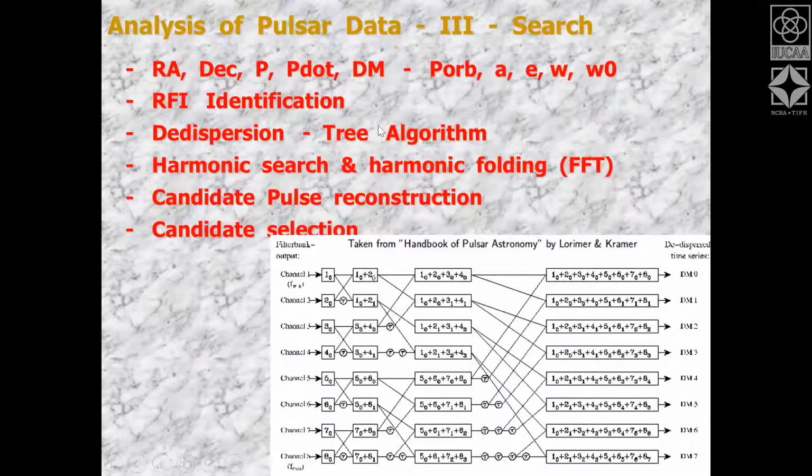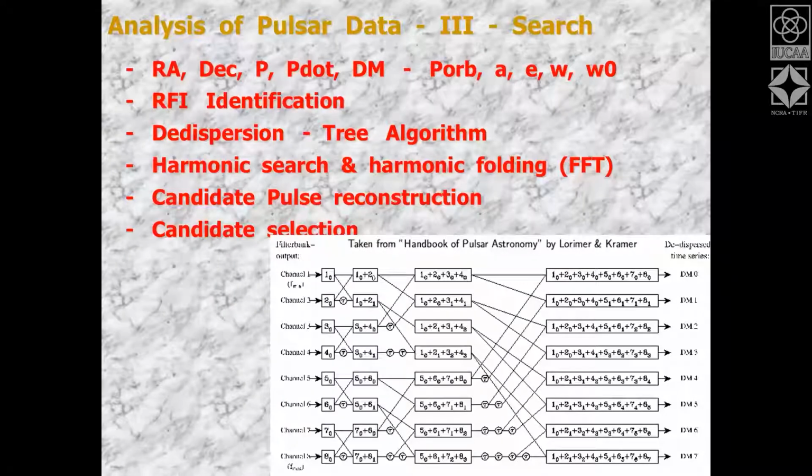In addition to that, this is for the known pulsars, because as somebody asked, we need to know the dispersion measure. Whereas if you want to find a completely new pulsar, then you have to search for this pulsar. A typical pulsar search is a 5-parameter search, where 2 of the parameters are positional parameters, the right ascension and declination. The other 3 parameters relate to the pulsar itself.